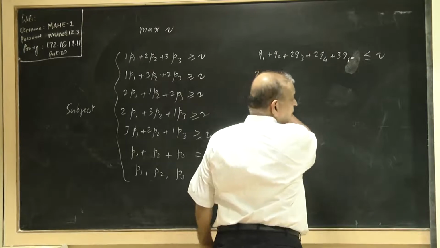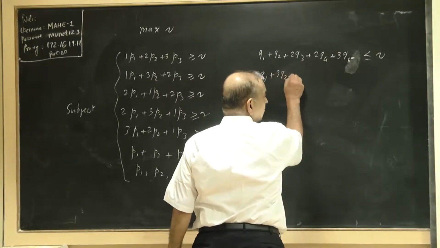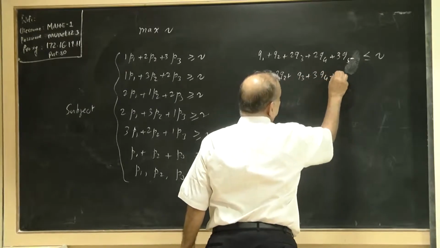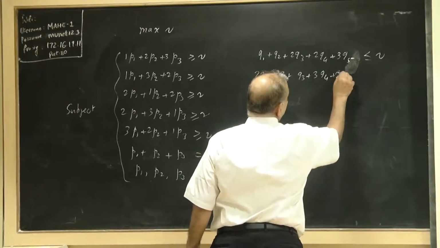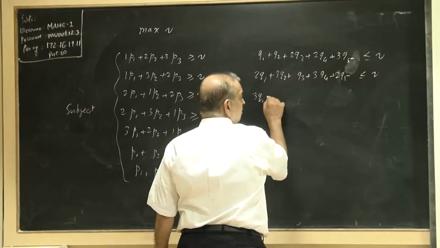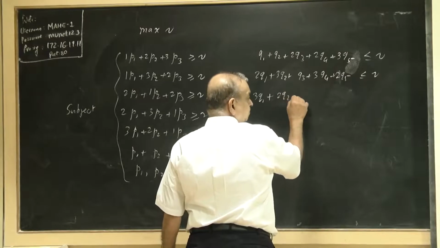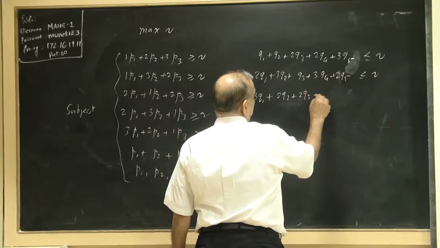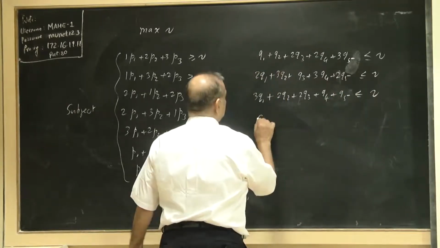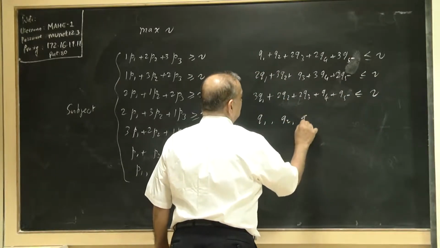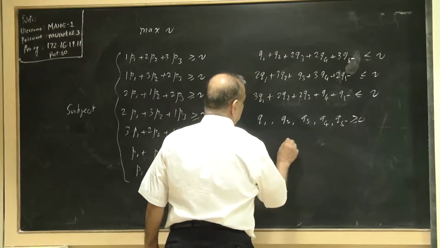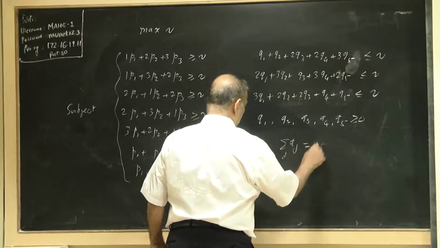Similarly, 2Q1 plus 3Q2, plus Q3 plus 3Q4 plus 2Q5 must be less than or equal to V. 3Q1 plus Q4 plus Q5 less than or equal to V. Q1, Q2, Q3, Q4, Q5 non-negative, summing to 1.